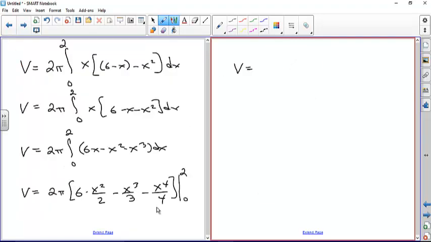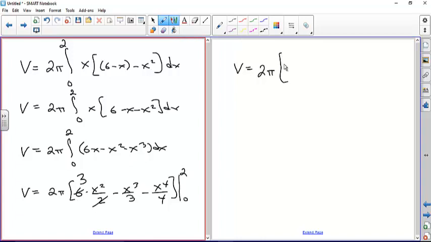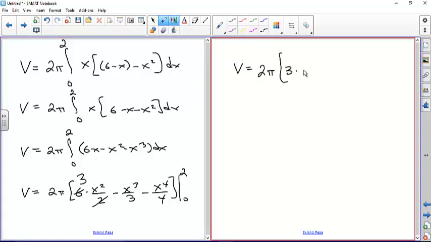Now again, the lower limit is 0, so we'll get 0 from that. Also notice 6 divided by 2 is 3. So we'll get 3 times x squared minus x cubed over 3 minus x to the 4th over 4.